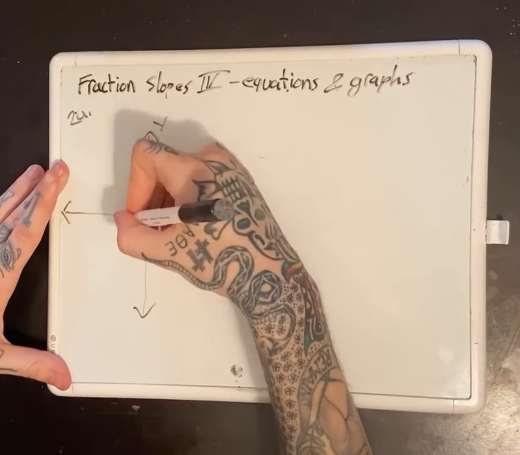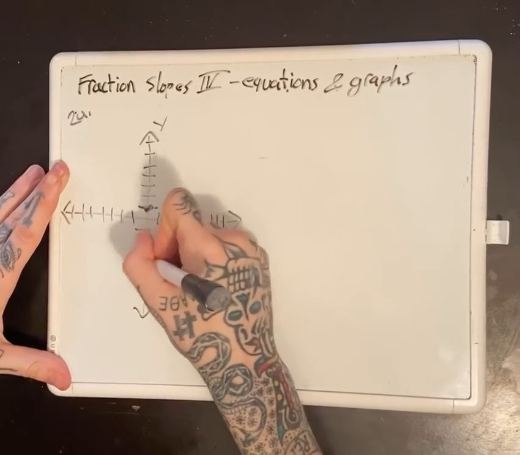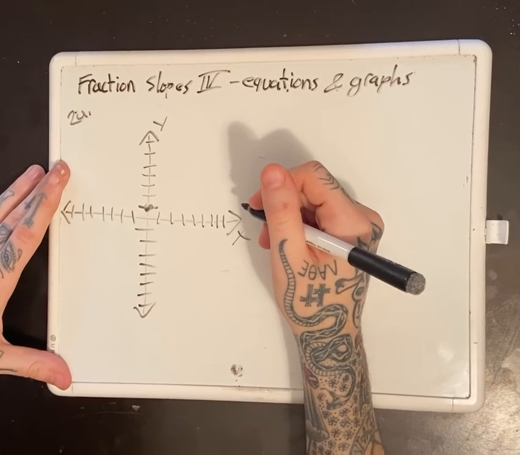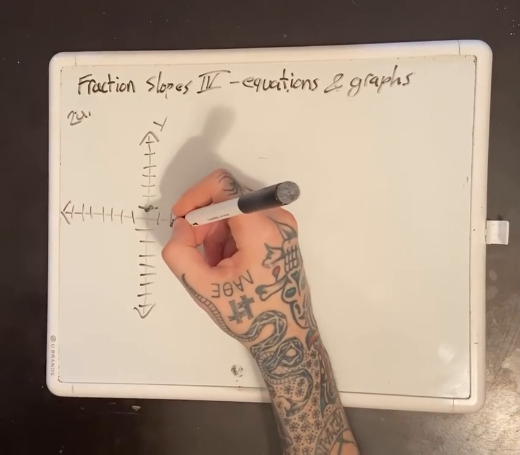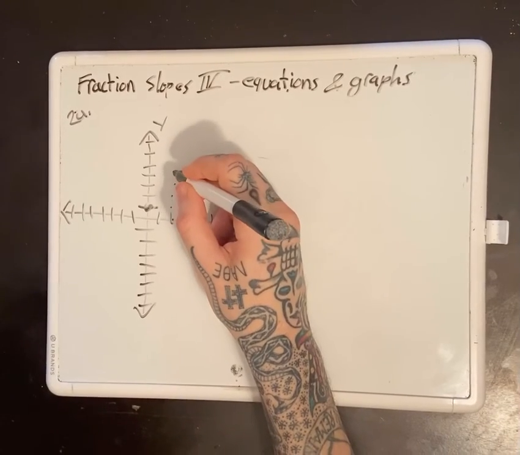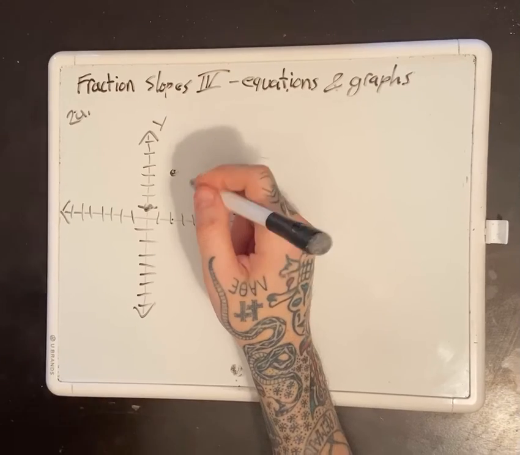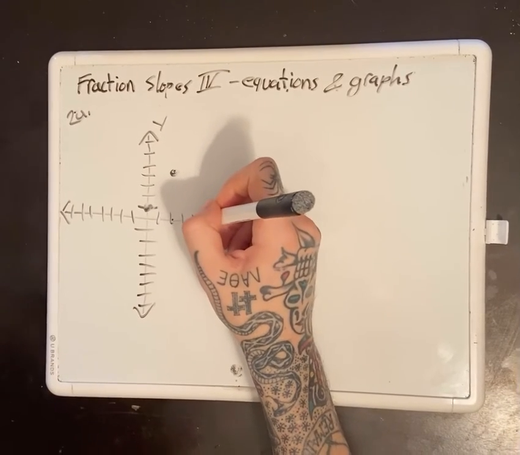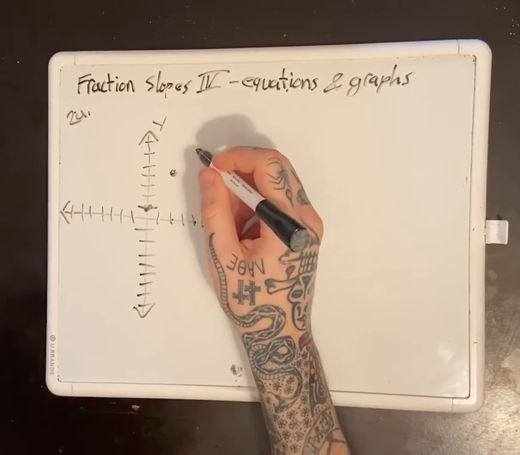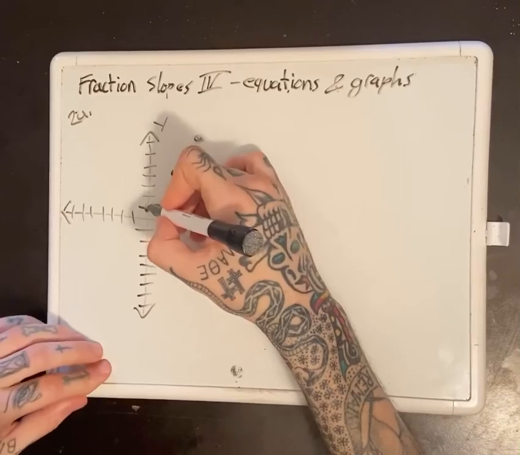So this is our xy. All right, so there's a point there. 1, 2, 3, 4. So there's another point here. And there's another point here, okay?